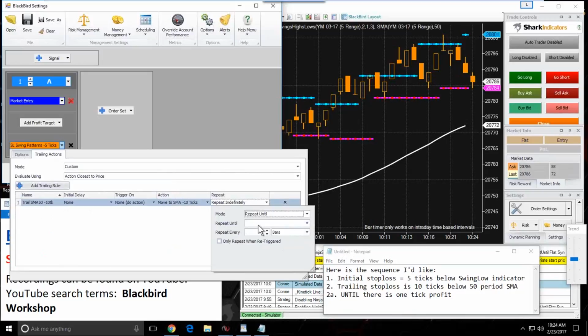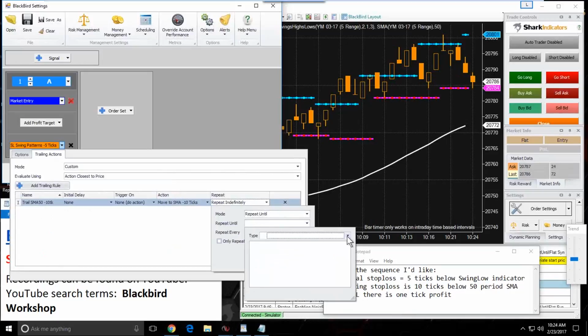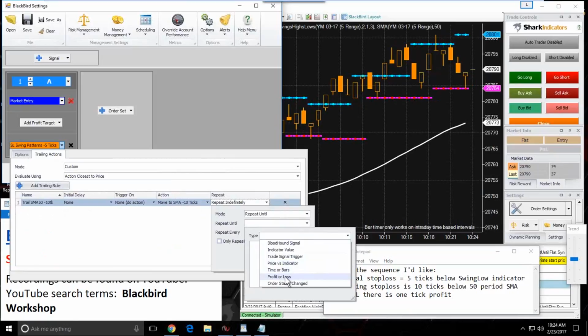So let's go to the repeat until menu here. And we're going to use, there we go, profit or loss. So he wants one tick of profit. The rule here says until one tick of profit.